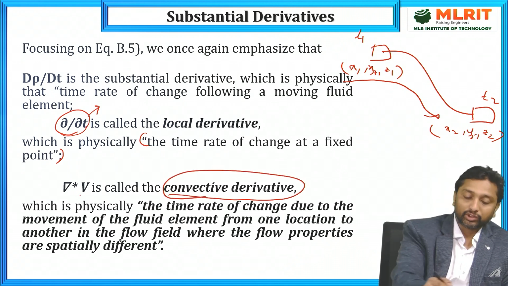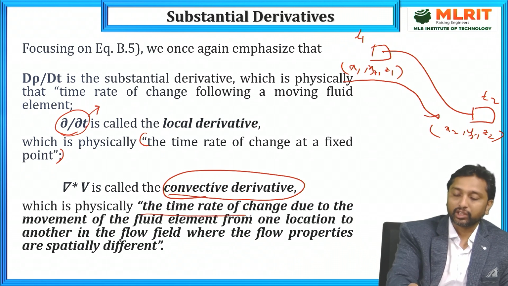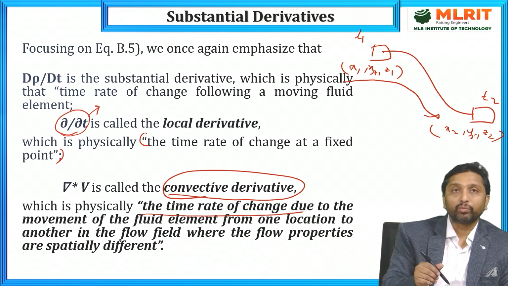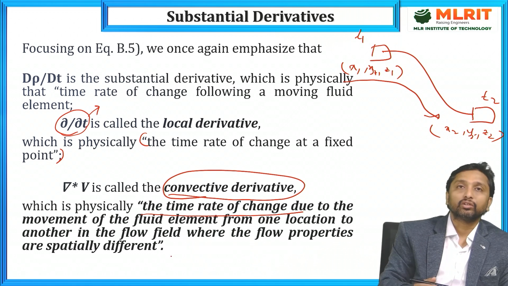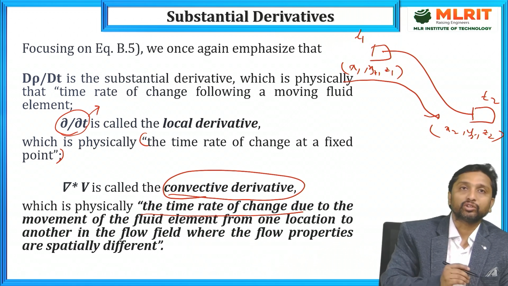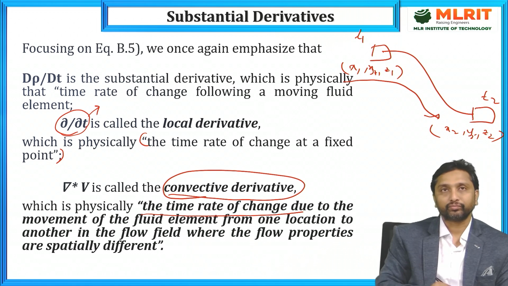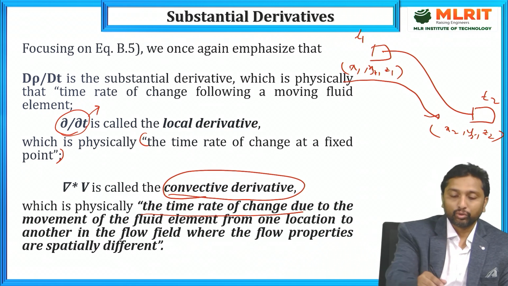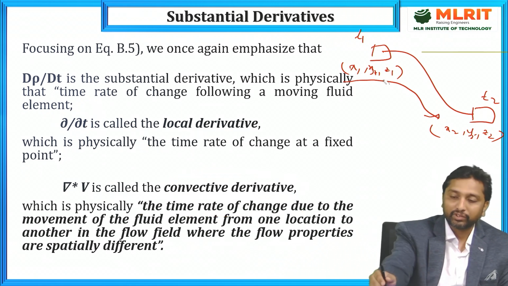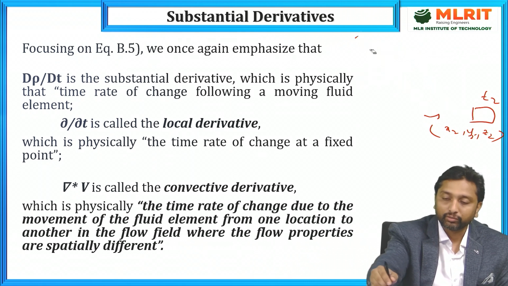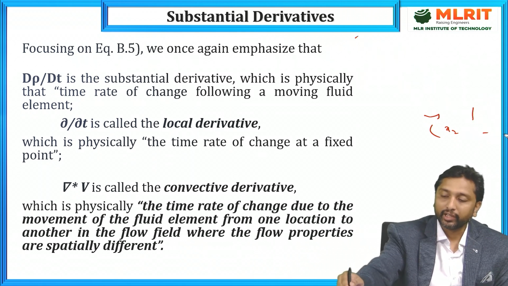So divergence of velocity, you can call it the time rate of change incorporated in the fluid element due to change in its position from one point in space to another point. So this is the physical meaning of the substantial derivative.